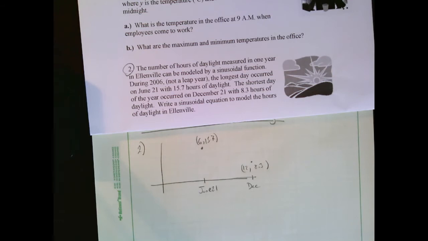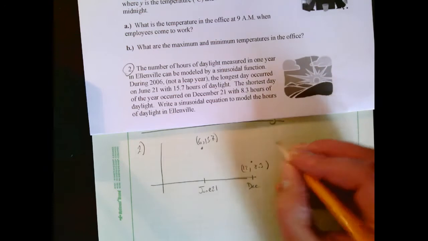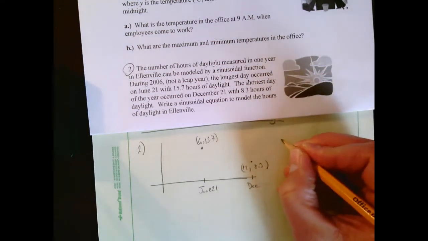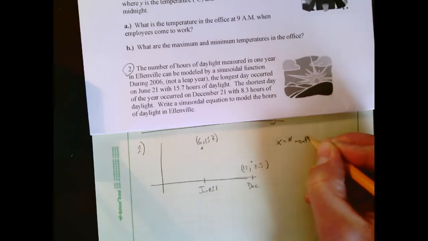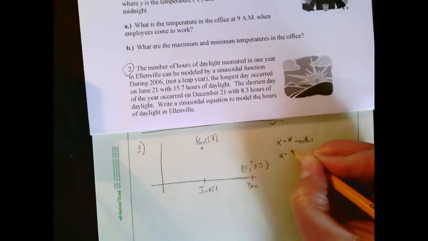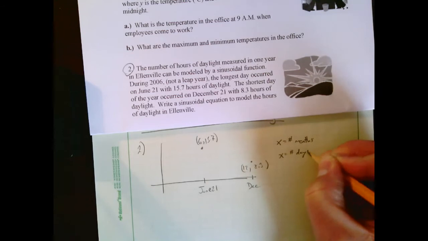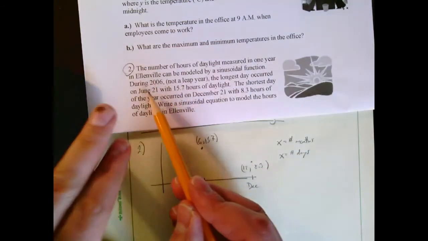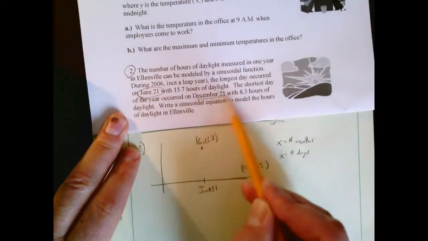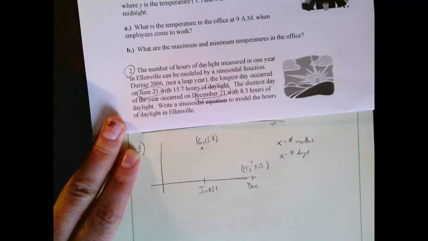It said leap year, but I don't know that matters. So I guess we have two options for our x values. X could be the number of months, or X could be the number of days. The only reason I can think that you would want to do days is if this date and this date were not both the 21st of the month.